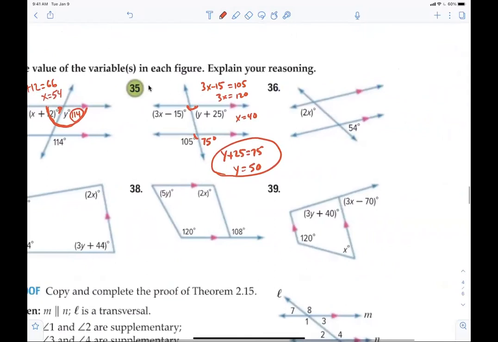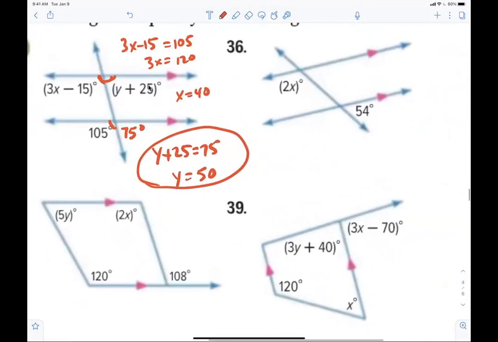So now everybody's looking at 36. To me, it seems as though that should be something, but now that you heard what I just said, 2x is obtuse or acute? Obtuse. And 54 is obviously what? So they have to add up to what? 180. One way to do that is to say, okay, this is 54 because it's vertical. And then these are consecutive interior angles.